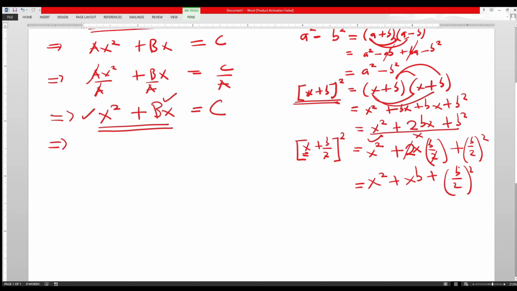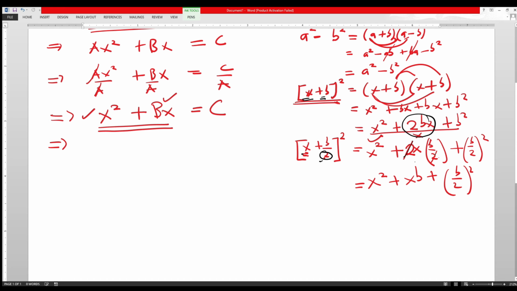The reason why we are using a denominator of 2 is that we know that the middle term is a product of what? The first term and the second term. Okay, so the middle term is 2 times the product of the first term and the second term.